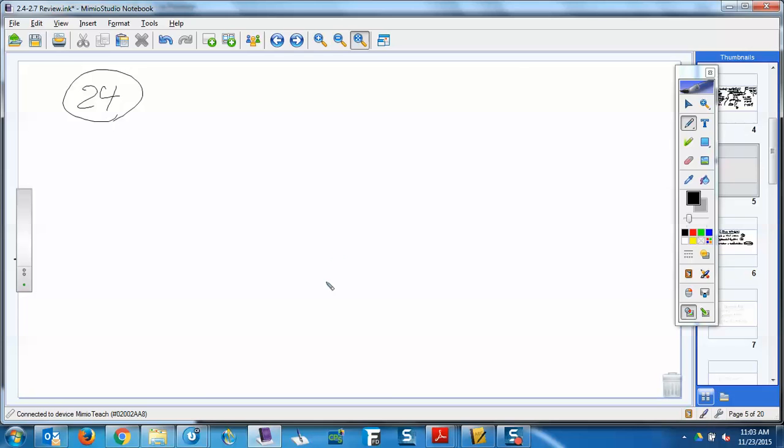So 24. This was in 2.5, I think, on page 129. It says y double prime equals 2y over x squared. Is that the one? Yeah.